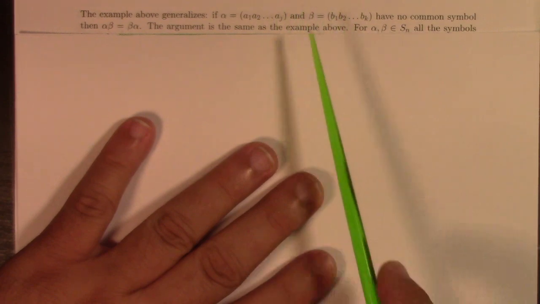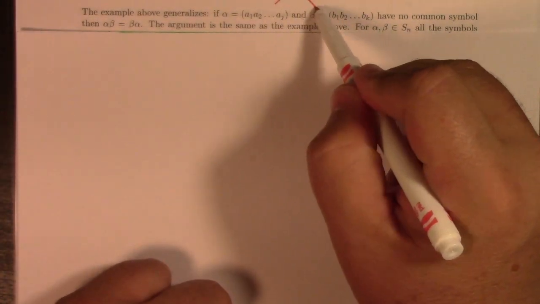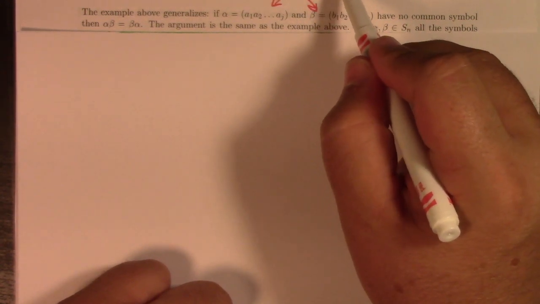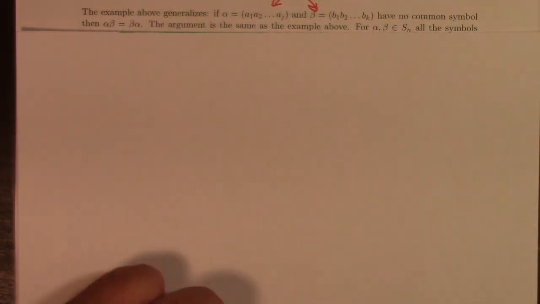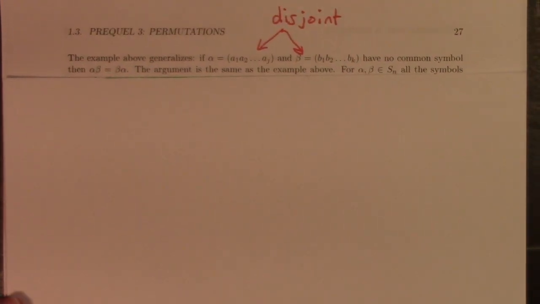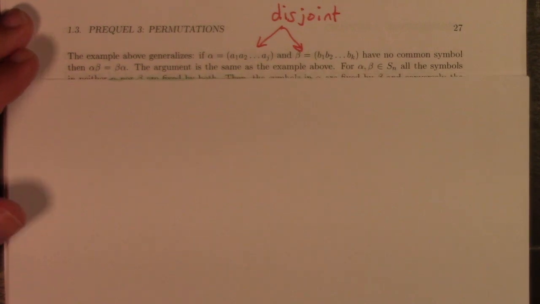These are disjoint cycles. Disjoint, not this joint, disjoint. And by essentially the same argument that I just went through half of, you can prove that those commute because one fixes everything in the other and vice versa.